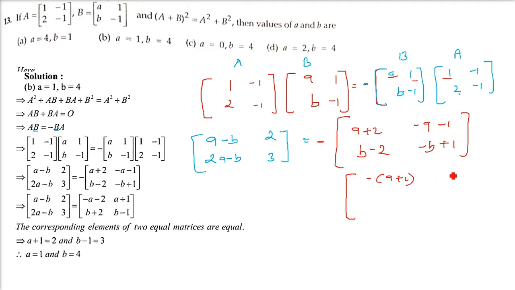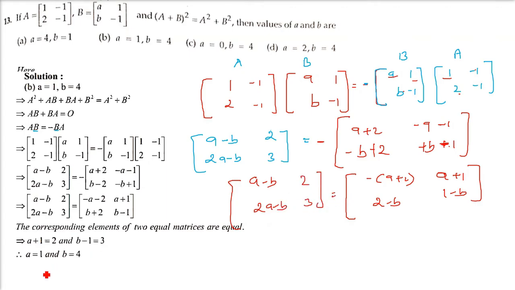So minus a plus 2, this will be a plus 1. This will be 2 minus b, and you can write this as b minus 1. Now let us equate. What is the equation? a plus 1 is equal to 2, and b minus 1 is equal to 3. This is 1 minus b, but it won't come. So let me write it as b minus 1.